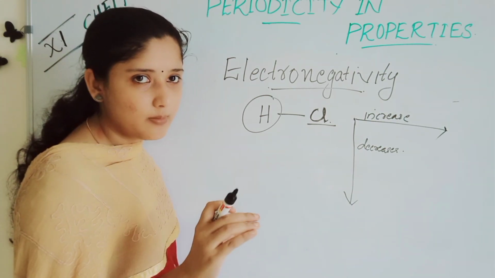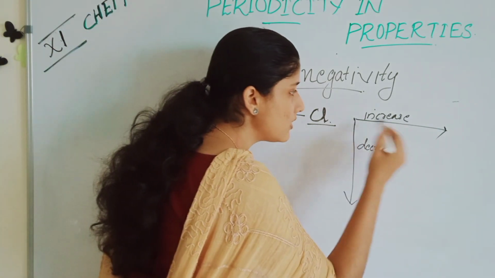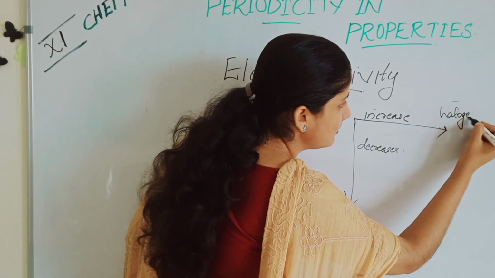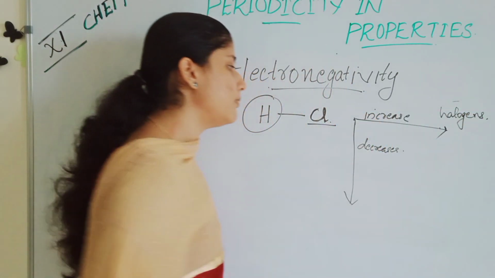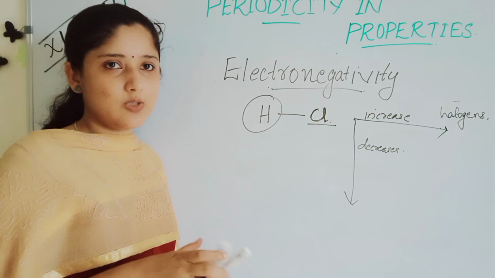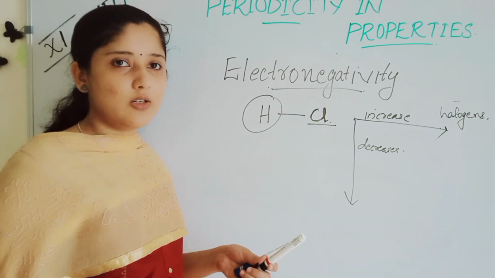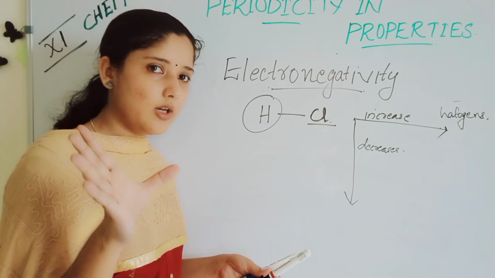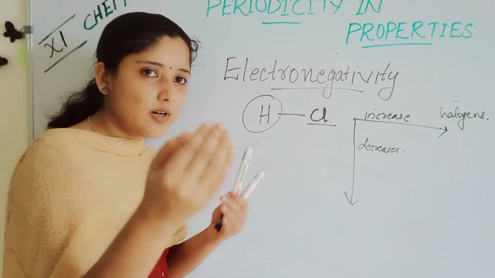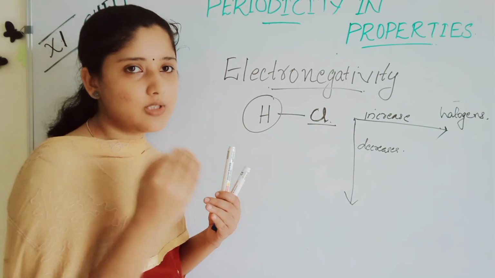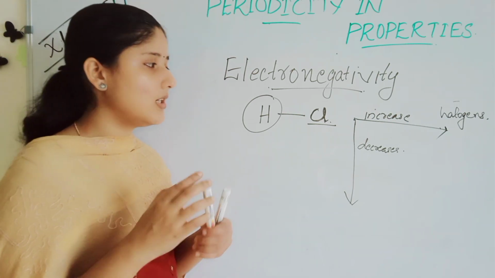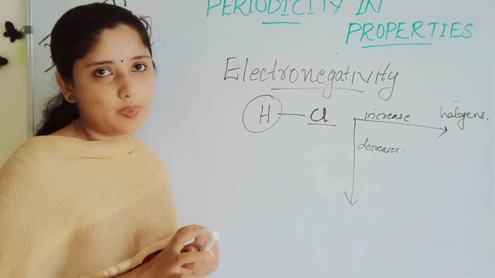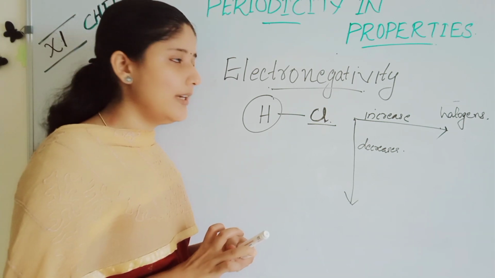So electronegativity increases from left to right up to the halogens. And from top to bottom, electronegativity decreases because the size increases, so the ability to attract a shared pair of electrons to itself decreases. This is the general trend of electronegativity.